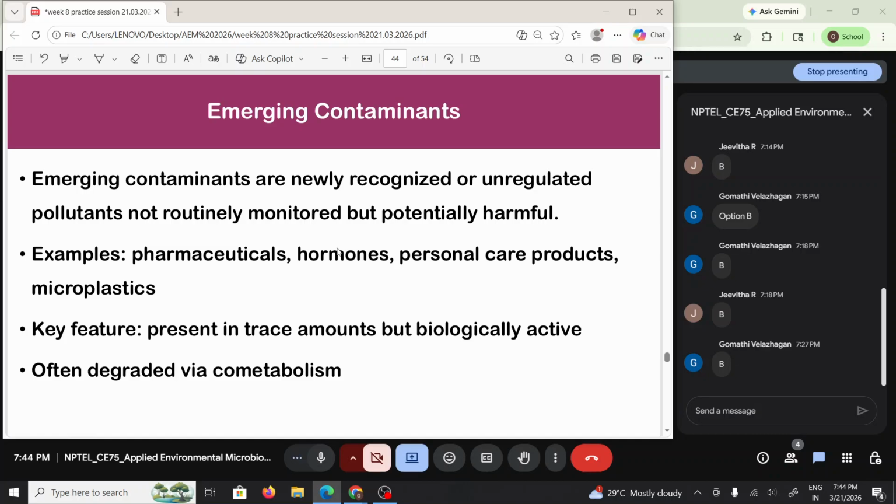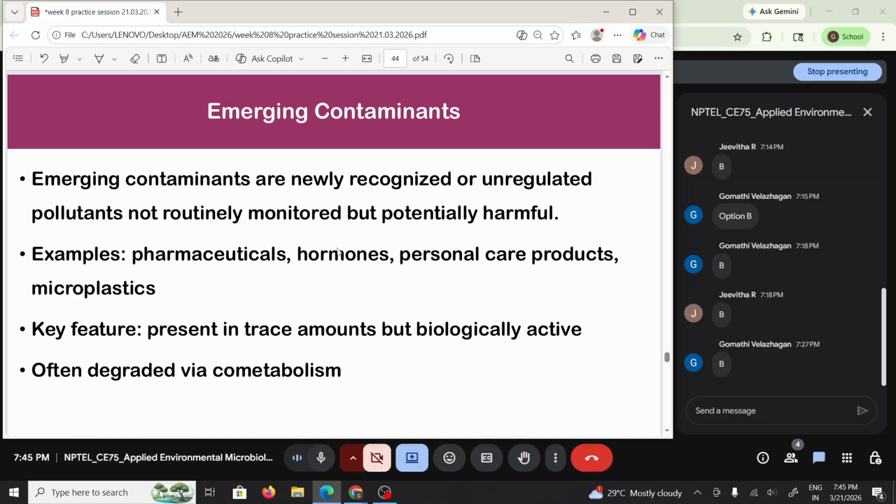For nitrogen, phosphorus or any metal in wastewater, you have permissible limits set by different organizations. Even for pathogens or coliforms, you have permissible limits. Whereas for emerging contaminants, though you know they are contaminants, we still don't have regulations telling how much is permissible in water systems. That's why they are known as emerging contaminants.